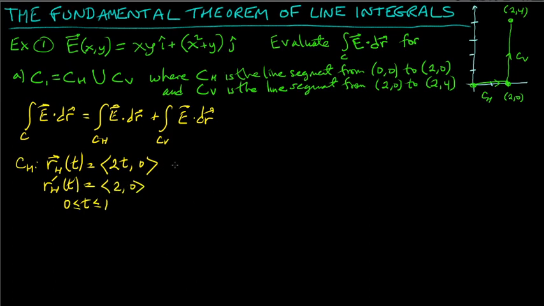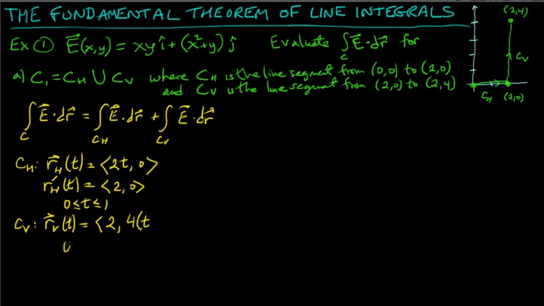And then CV, we can parameterize that. We'll call it r_V. And here, x will just be 2 the whole way up. And we want to go from 0 to 4, so we'll multiply t by 4.